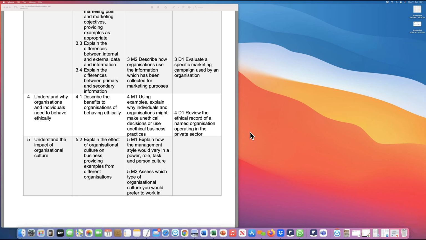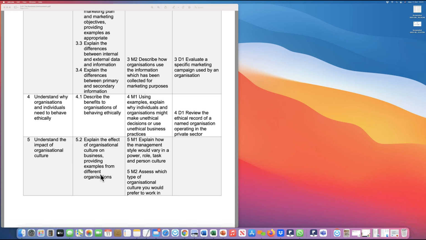So what we want to understand is what ethical dilemmas and ethical guidelines businesses have to adhere to, and that would be covered in learning outcome 4.